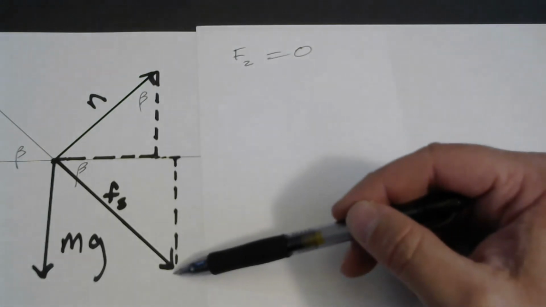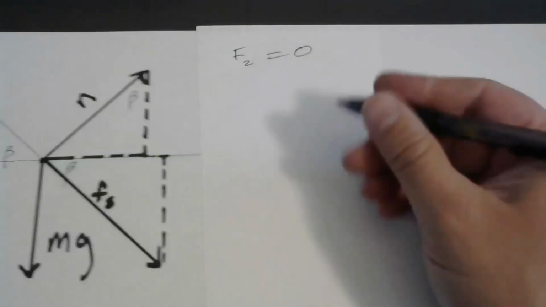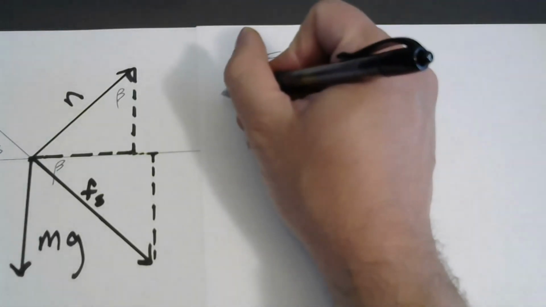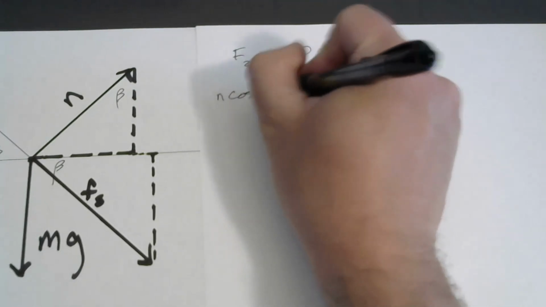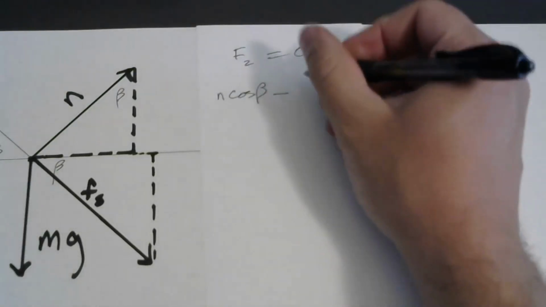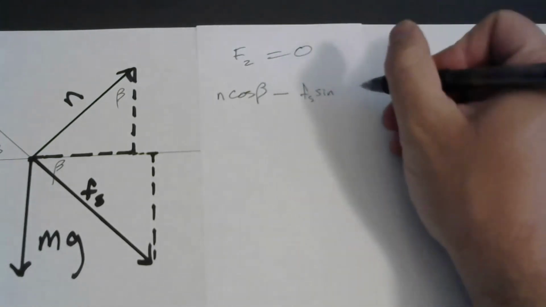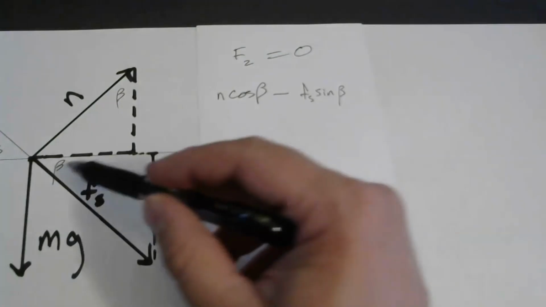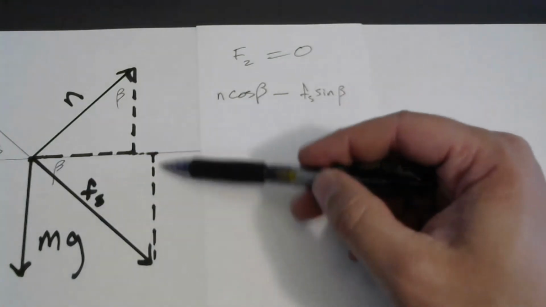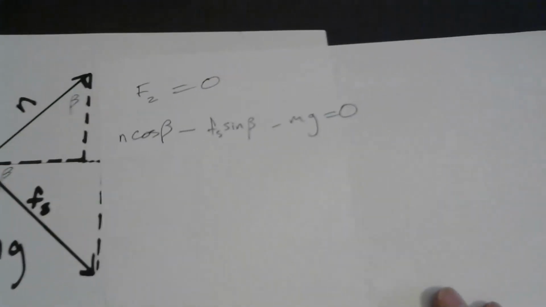This is the side opposite beta in my friction triangle. So I'm going to write N cos beta minus Fs sine of beta. I think I did that right. Take the hypotenuse times the sine of beta, that would give me this, minus mg equals 0.